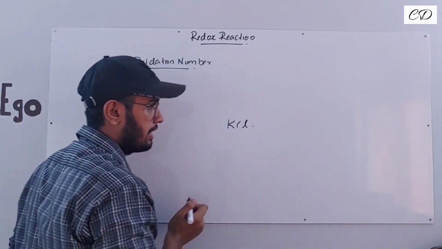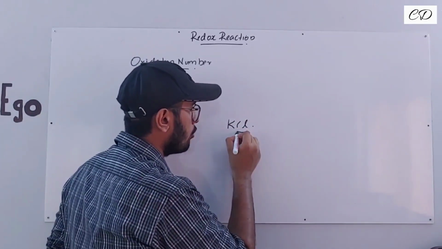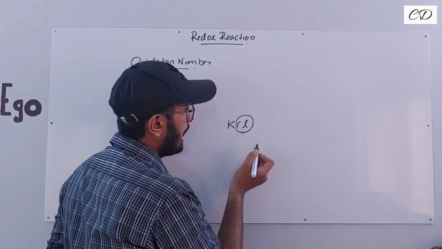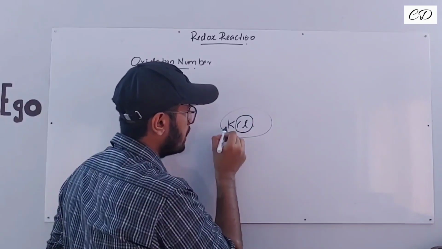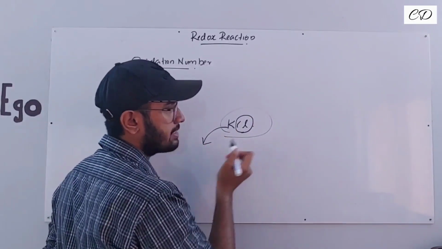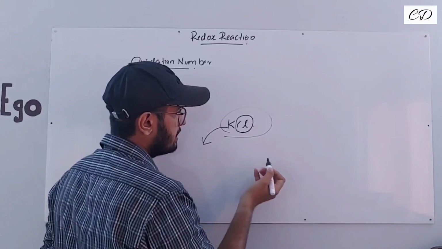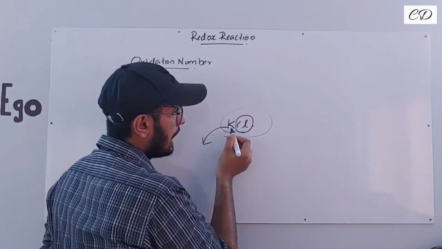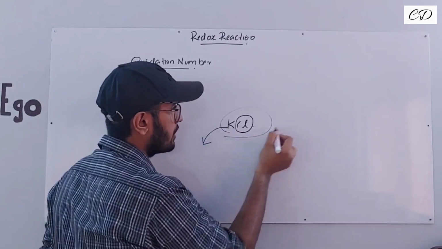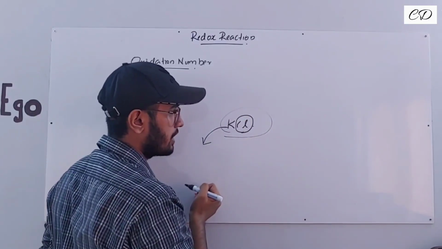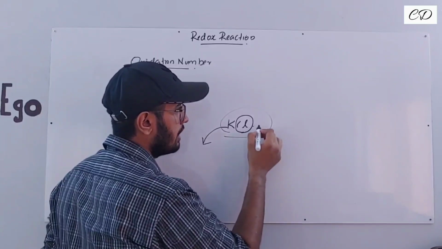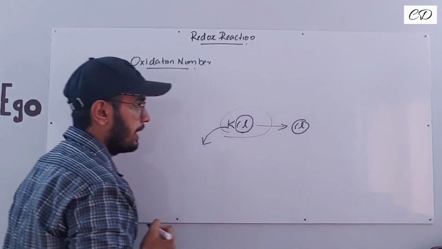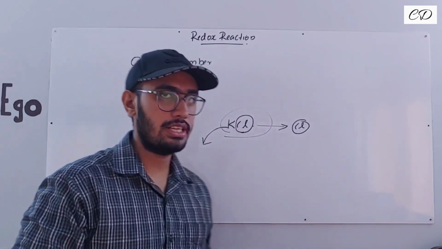It is the residual charge of a chlorine atom when all other atoms of the compound are removed as ions, and this is known as the oxidation number of chlorine. This is the concept of oxidation number.